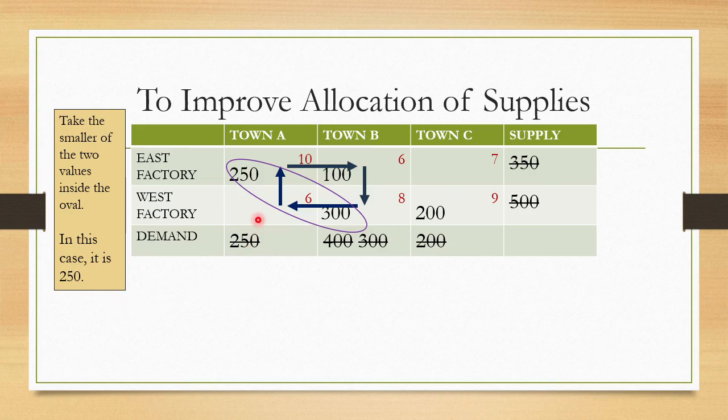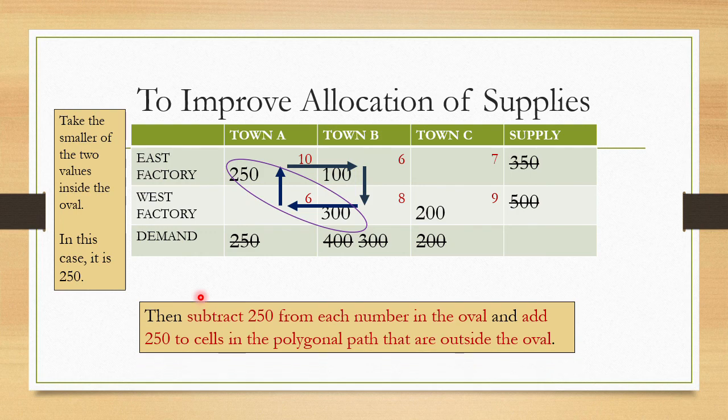So we will move 250 from this cell to this cell, and we will move 250 from this cell to this cell. In other words, we will subtract 250 from each number inside the oval, and we will add 250 to cells in the polygonal path that are outside the oval.